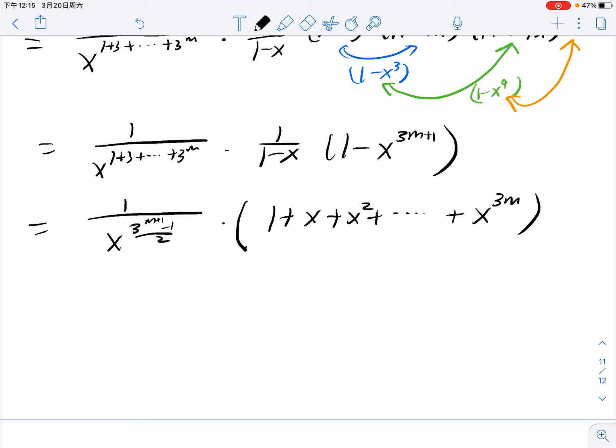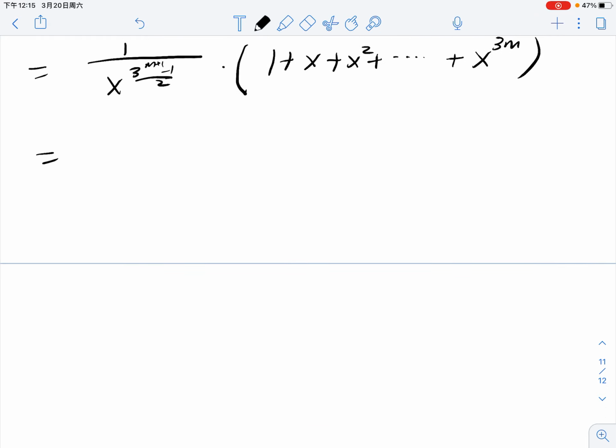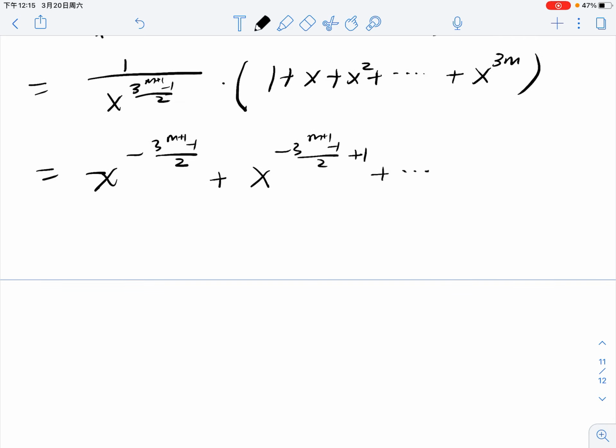And then if you distribute it, you will have x to minus 3m plus 1 minus 1 divided by 2, plus x to minus 3m plus 1 minus 1 divided by 2 plus 1, plus all the way to x to 3m plus 1 divided by 2.